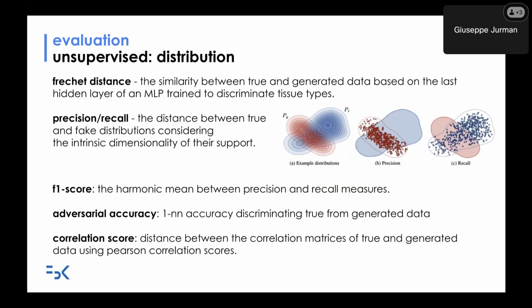I mentioned before that the problem is how can I evaluate the goodness of this new synthetic data? When dealing with unsupervised applications, the first thing to assess is how reliable is the distribution of the data we have constructed with respect to the original one.